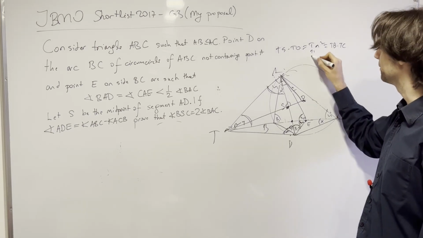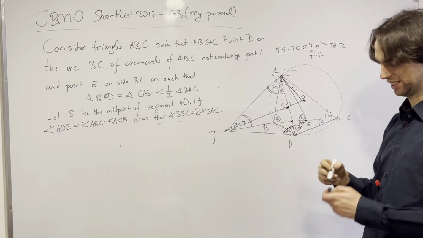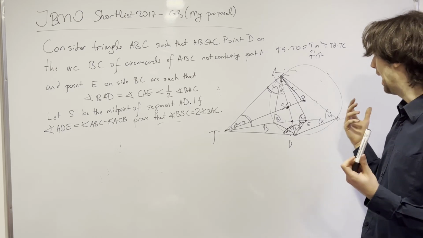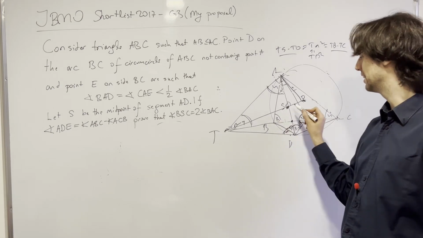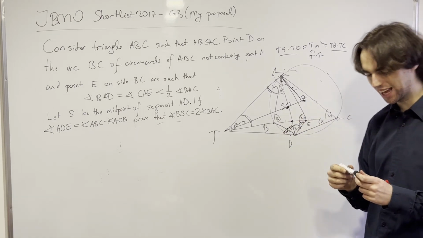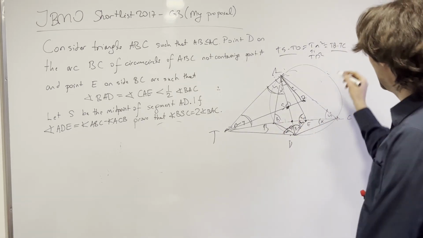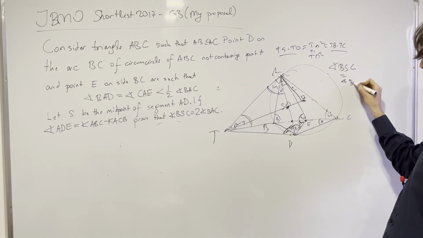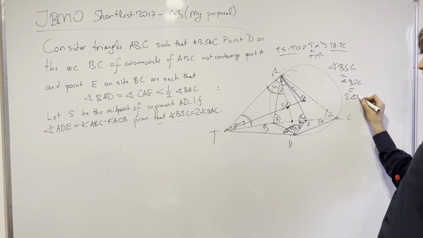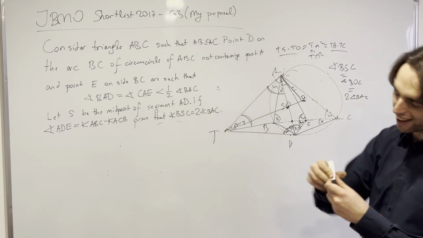Right, and we know TA squared is TD squared from the other concyclic points. And now, from TS times TO is TB times TC, it follows that B, S, O, C are concyclic, and so the angle BSC is equal to the angle BOC, which we know is equal to 2 times the angle BAC, and so we are done.